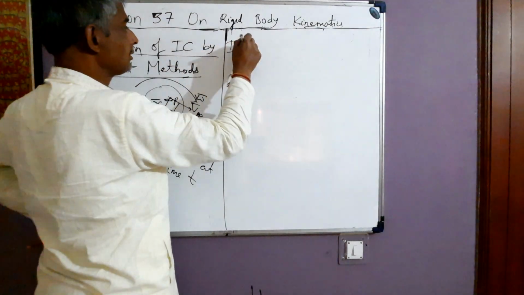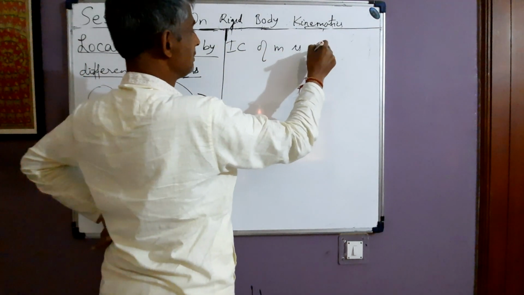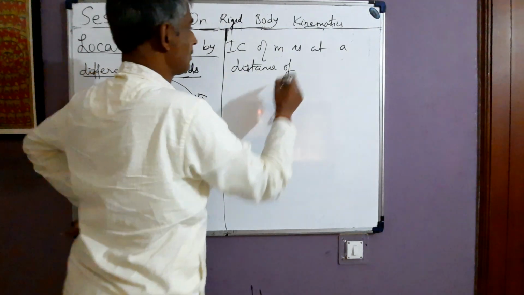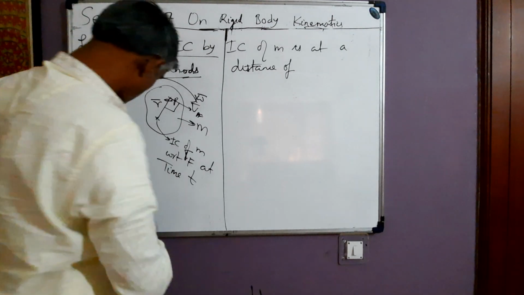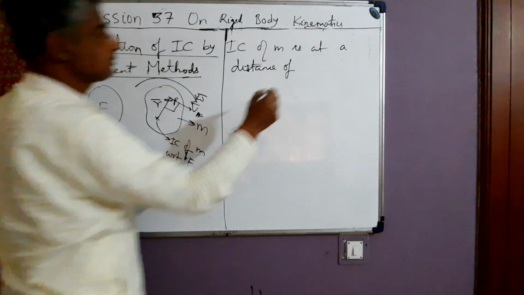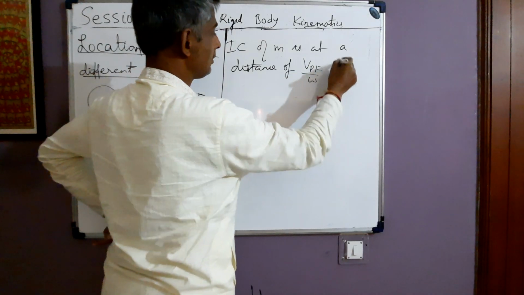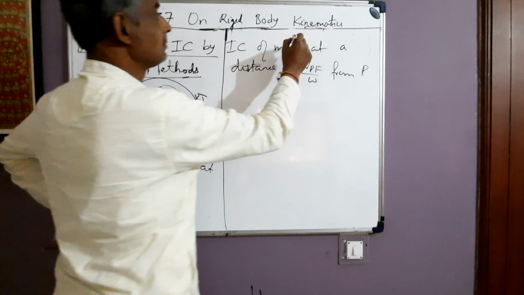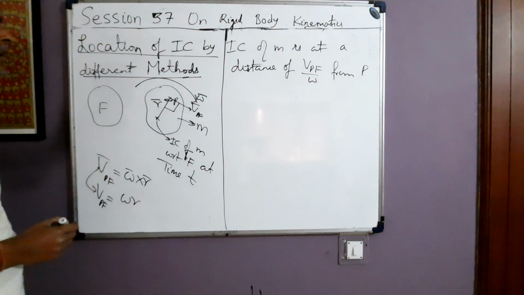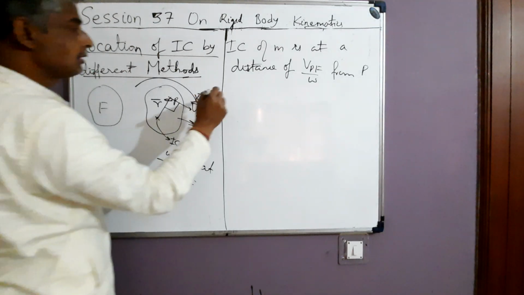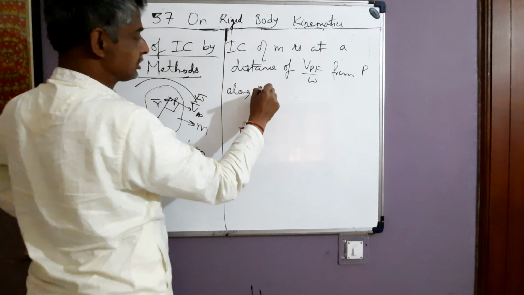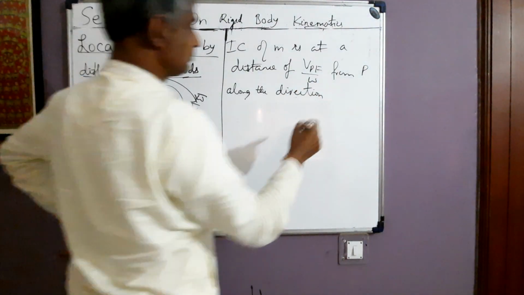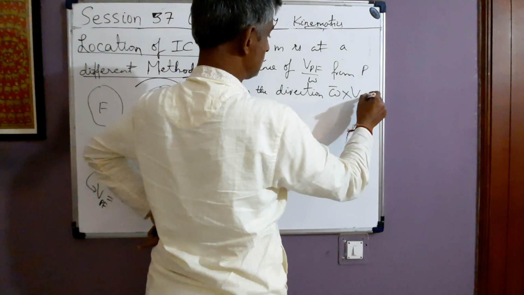So IC of M is at a distance R equal to VPF by omega from P, along the direction omega cross VPF.